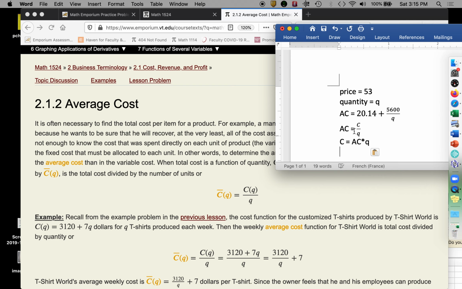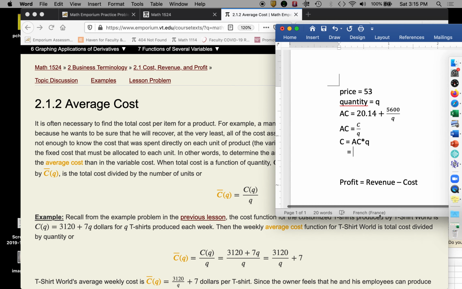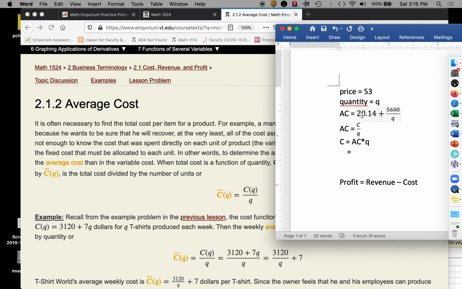All right, so if average cost is cost divided by Q, I can multiply the Q to the other side and get that cost is equal to average cost times Q. And in the case of this equation that they give us here, that's going to mean that we have 20.14 plus 5,600 divided by Q, and then times Q.